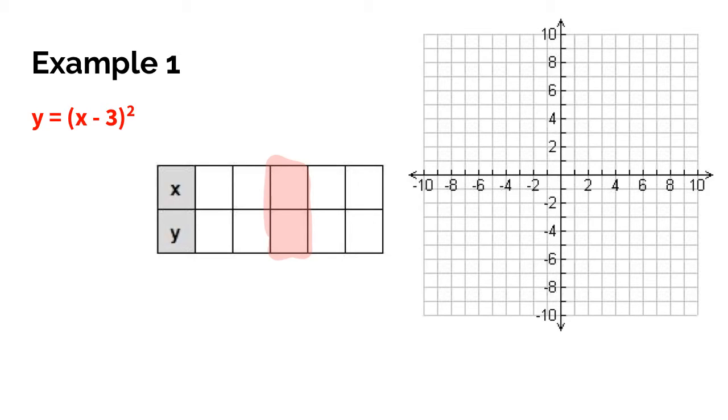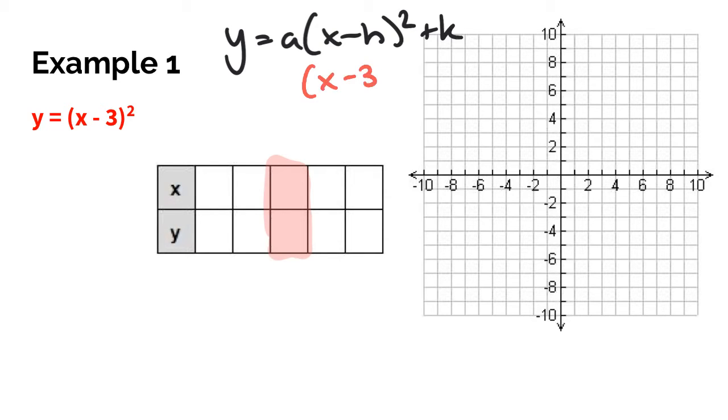Now, vertex form will be a times x minus h squared plus k. Here I have y equals x minus 3 squared, and that's essentially it. Comparing the other values, my a value in front is technically a 1. And notice there is no plus k at the end, so just like we talked about in standard form, my k value is going to be 0.